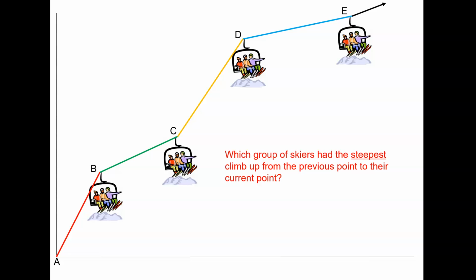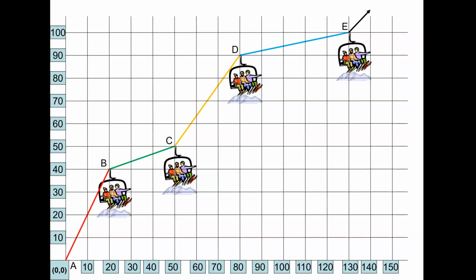In order to measure steepness mathematically, we are going to use a simple ratio formula. We are going to measure how far up you climb and how far across it takes you to reach that peak. So to go from A to B, the red path, we have to climb 10, 20, 30, 40 feet.